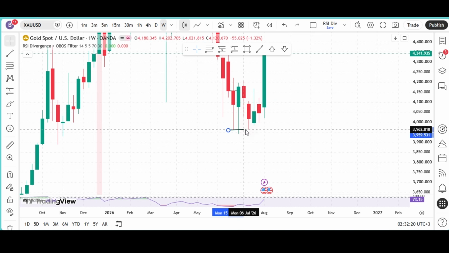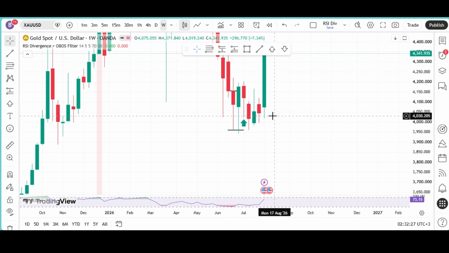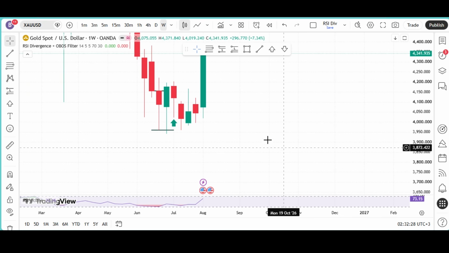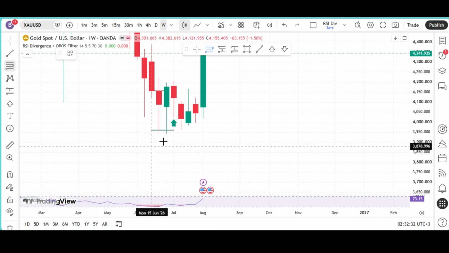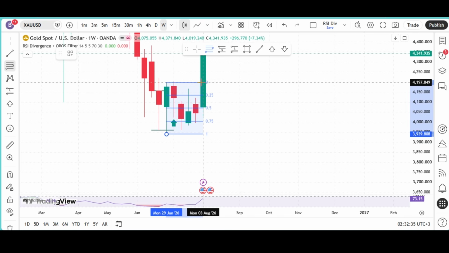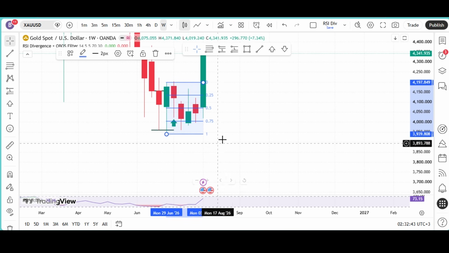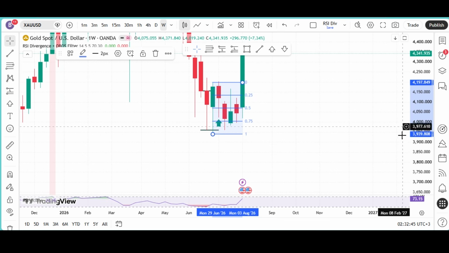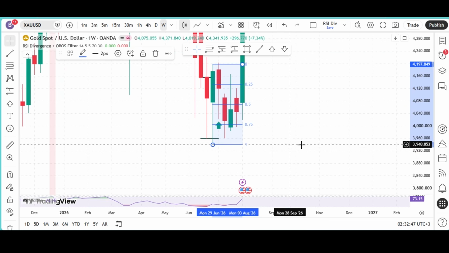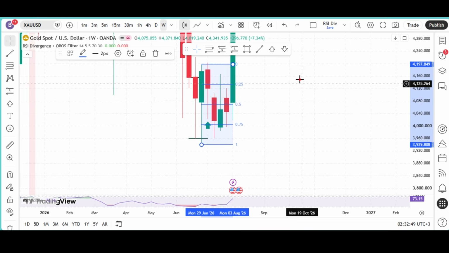Now the next weekly candle opens right here, and from this point is where you want to look for trading opportunities. For me, the way I've modified it is I want price to retrace to the discount side of this range that has been given to us by this engulfing candle that also gave us that manipulation right there.